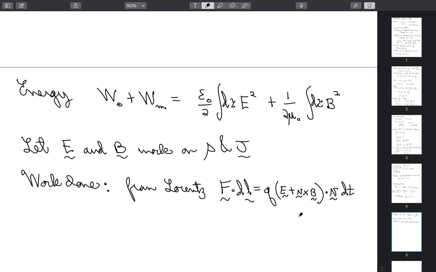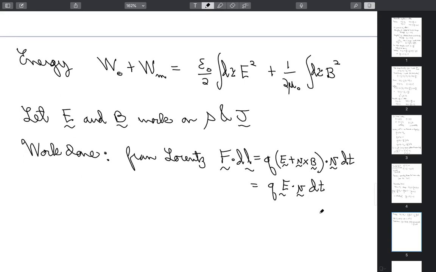Say we compute the work done in a certain differential time element. But this simplifies, right? Because you see, the V cross B has no component in the direction of V. So this whole thing just becomes QE dotted into V times dt.